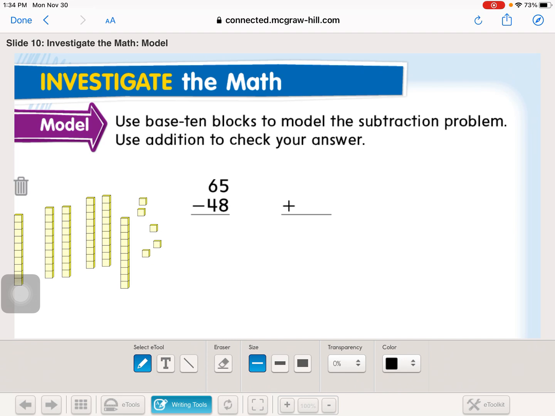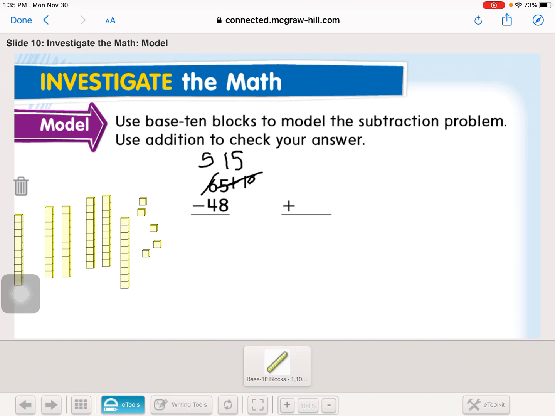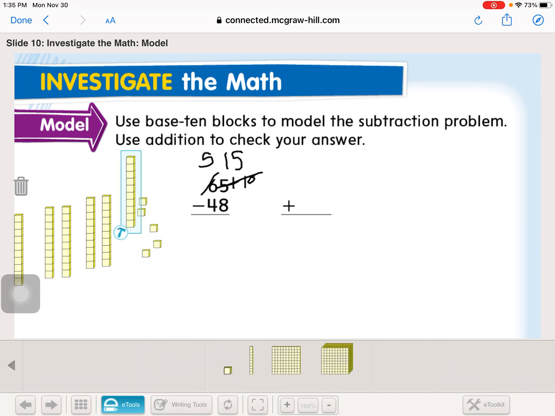I have more on the floor, so I've got to go next door. If I have 5 ones, I can't take away 8. I'm going to take a 10, break a 10. So on my cubes, that'll look like this, right?